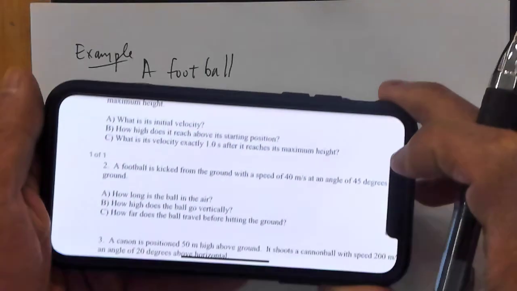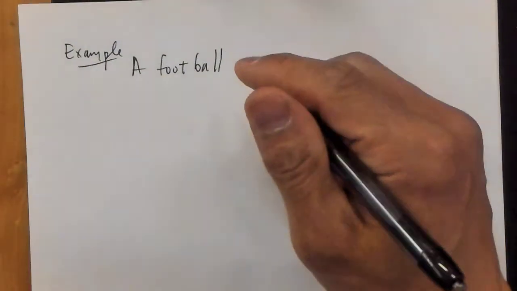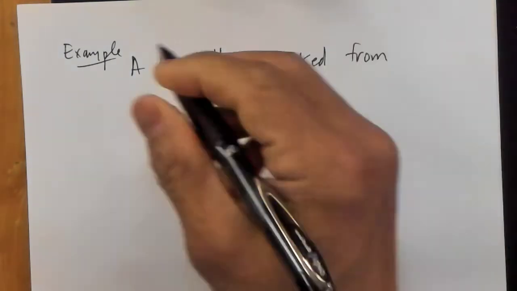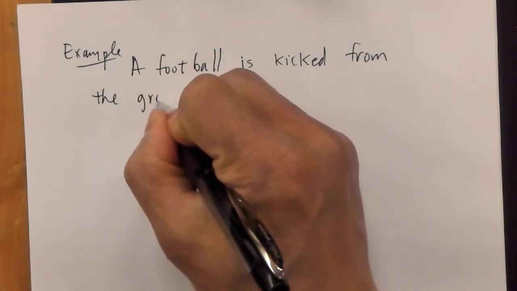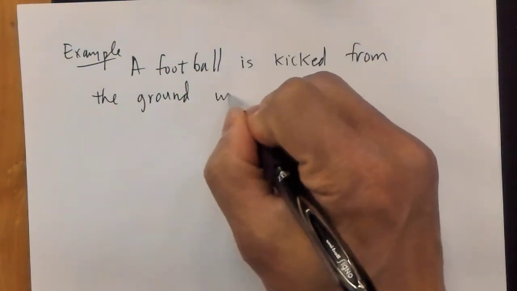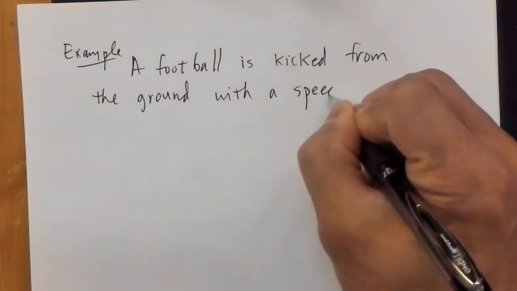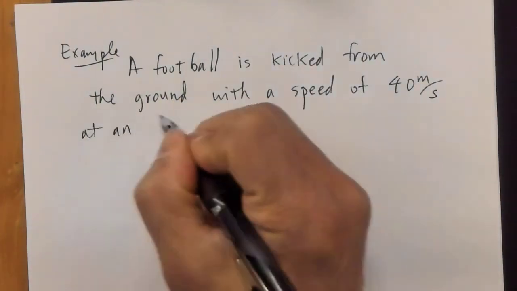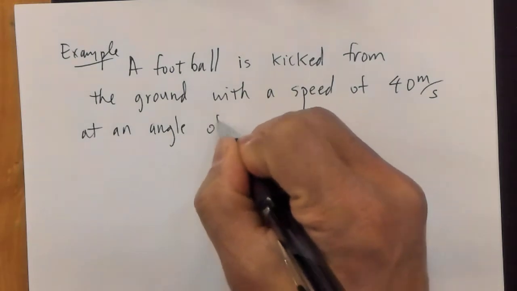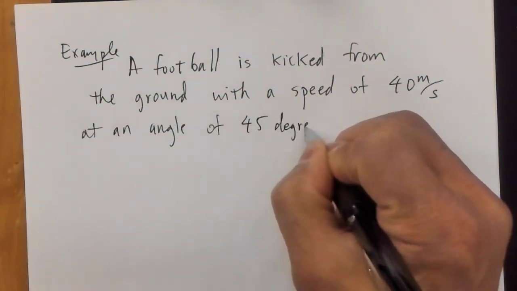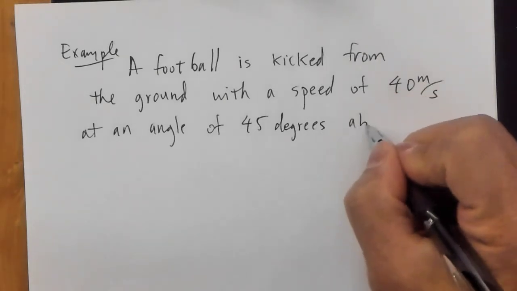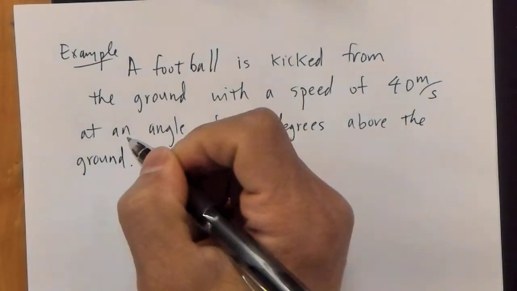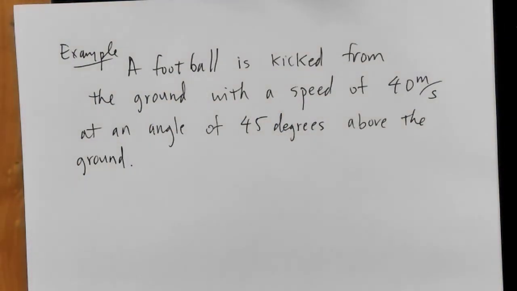A football is kicked from the ground with a speed of 40 meters per second at an angle of 45 degrees above the ground, which is, if we say ground, we assume it's horizontal unless we say something about having an angle.